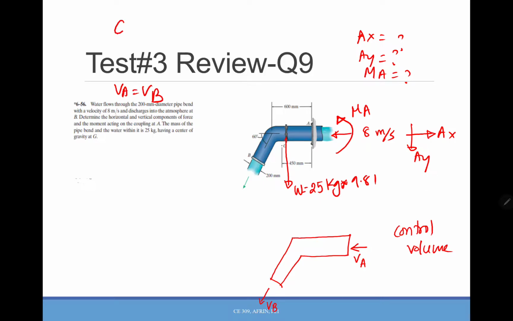You can also calculate Q: QA, QB equals AA VA, AB VB. Okay, that is the Q. Now for this one, you have one component here, one component here, and that is VB cosine 60. This one is VB sine 60. Okay, so that is one part.